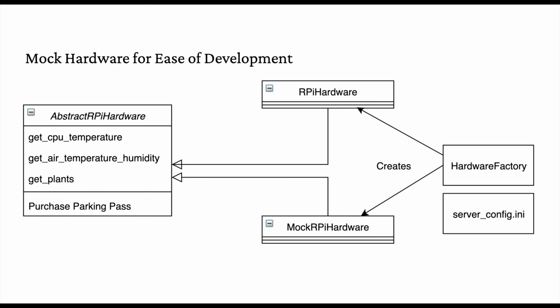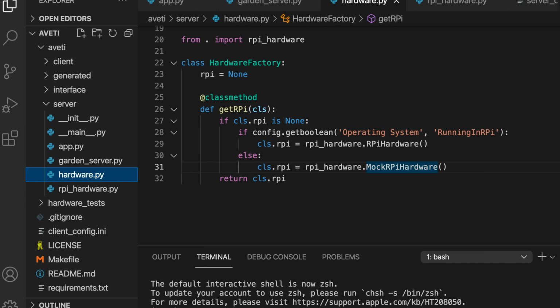A feature of the code is the use of mock hardware to run and enable testing the code even when actual hardware is not present. For this, we use a design pattern called a factory.